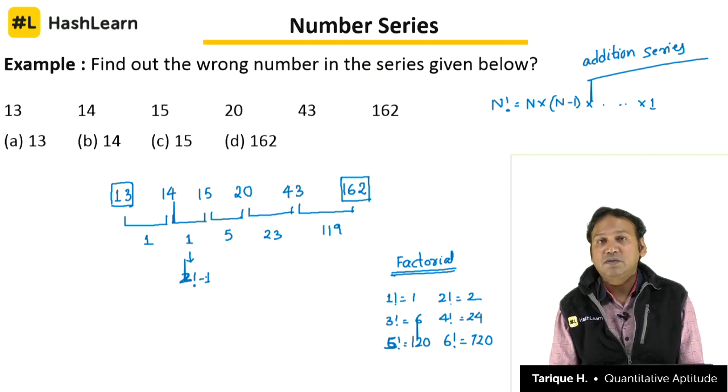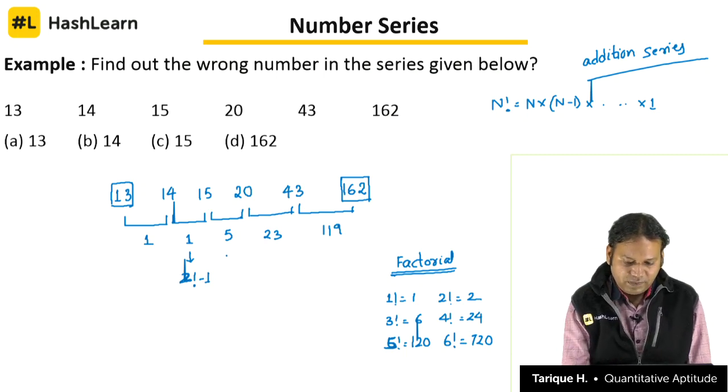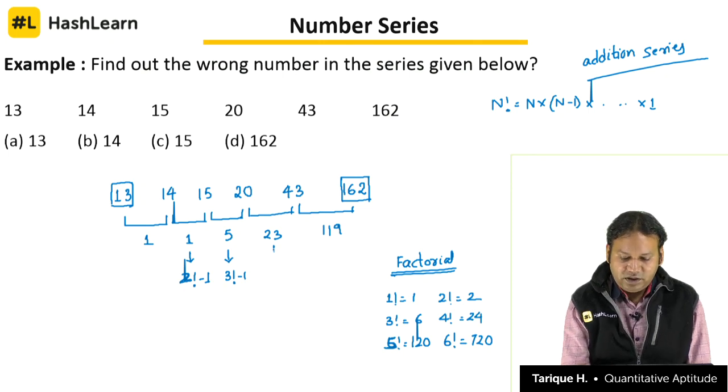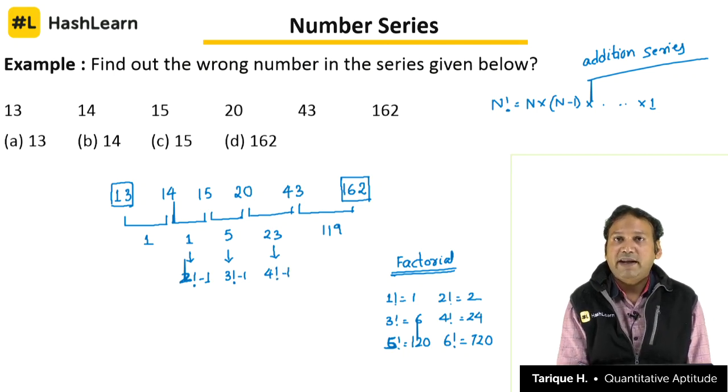So 2 factorial is 2, 2 minus 1 is 1. 5 clearly is 3 factorial minus 1, that is 6 minus 1. 23 is 4 factorial minus 1, and 119 is 5 factorial minus 1.